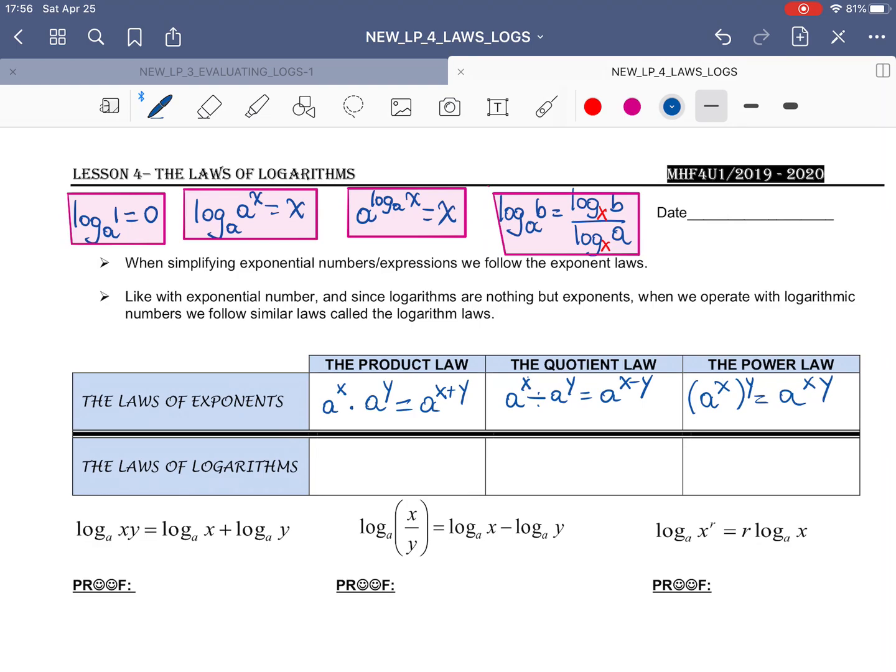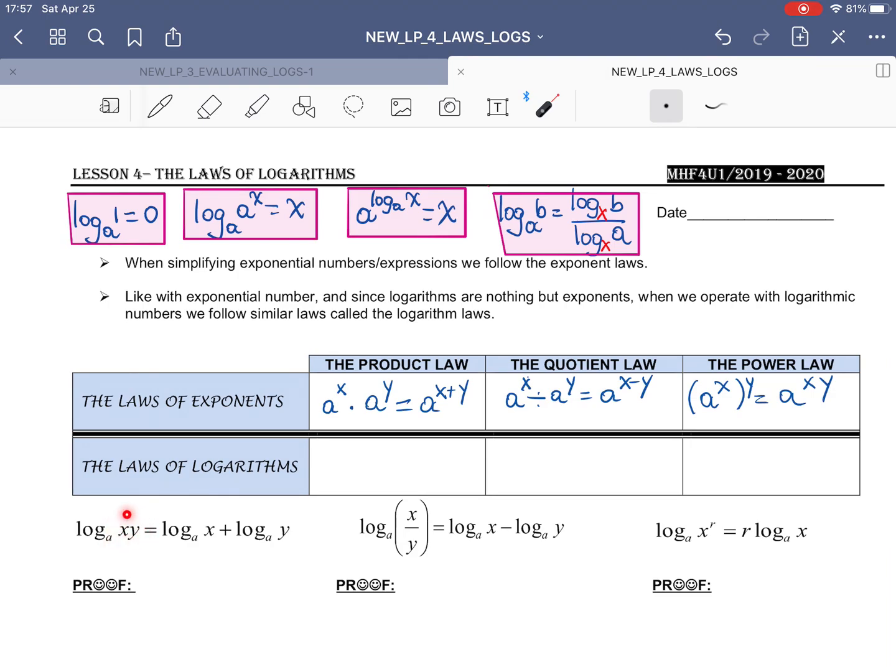So the laws of logarithms are listed down below here. They're pretty much similar and connected. We can see the pattern and the connection with the laws of exponents. So if we have the log with base a of x y, then that's the product of 2 exponential numbers.